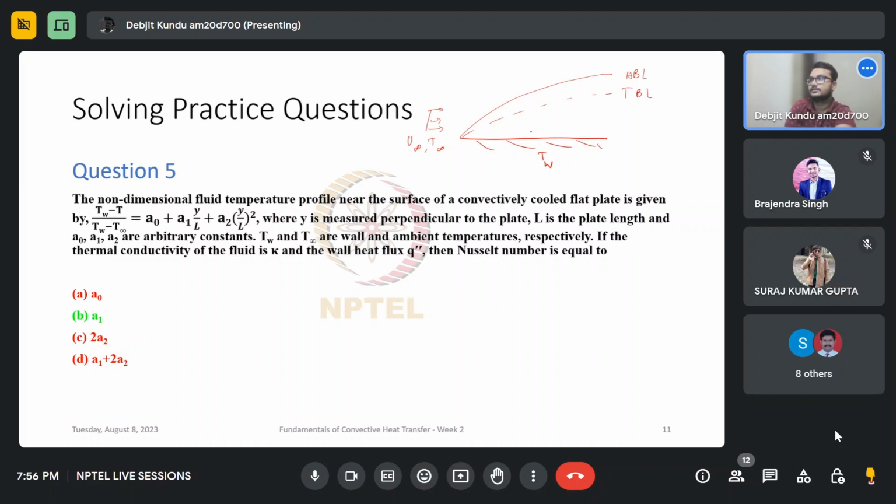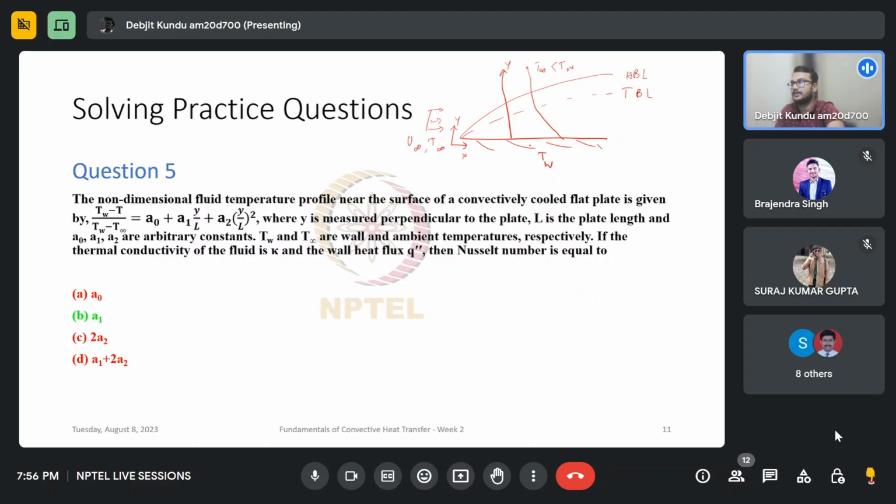Now, if I plot the temperature as a function of y, with x and y axes, let's say this is my y axis. It's Tw over here, some T infinity over here, and it would follow something like this, given that T infinity is less than Tw.